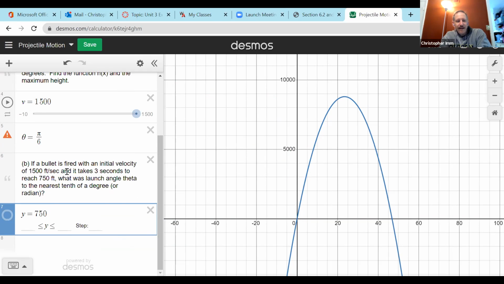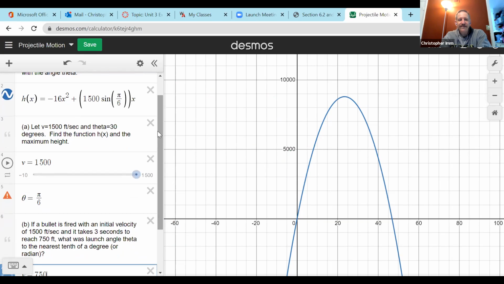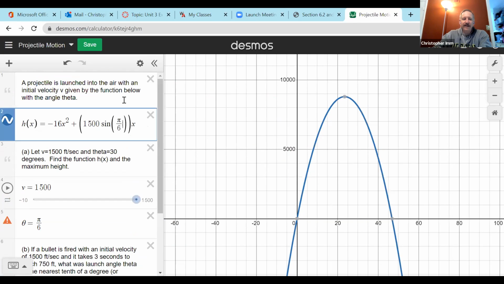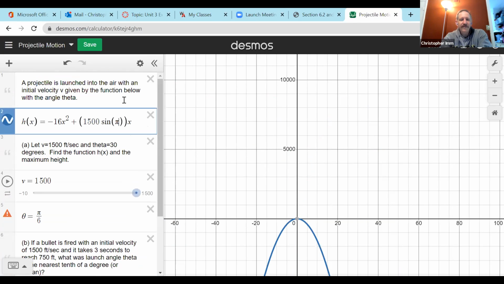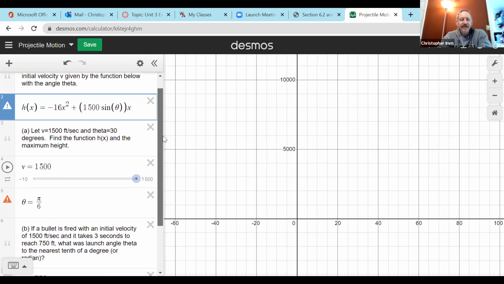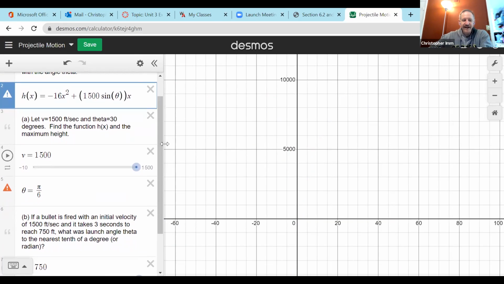So if I wanted to find the launch angle for this, I need to plug in everything I have to figure out what that theta was. So I'm going to go back and put this theta in here. And 1,500 is still going to be my velocity. So that function looks good. So if it takes 3 seconds to reach 750, then I can make an equation for that, right? So I can say h of 3 is equal to 750.